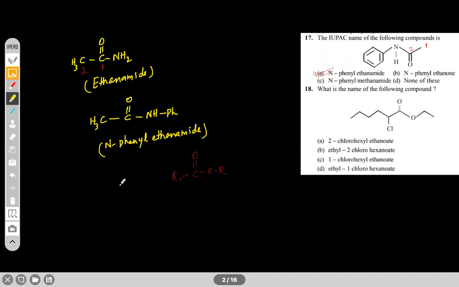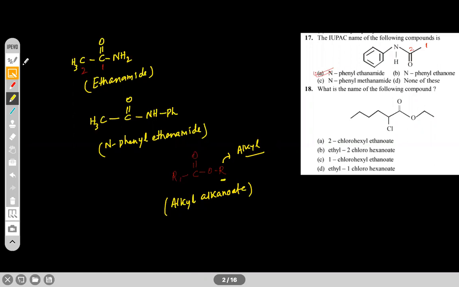The general name of this is alkyl alkanoate. The functional group is ester. The name is alkyl alkanoate. Generally, the R which is attached with the oxygen goes with the alkyl part, and this other part is alkanoate.